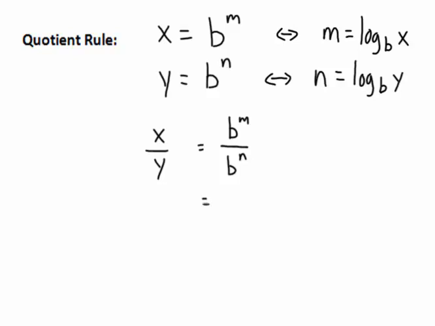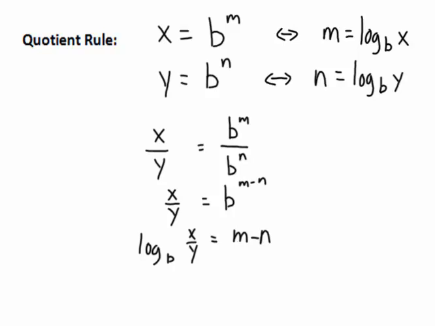Remember our rule for exponents. If the base is the same, we would subtract the exponents. So x over y is equal to b to the m minus n. Now we're going to take it and write it in logarithmic form. Log base b of x over y is equal to m minus n.